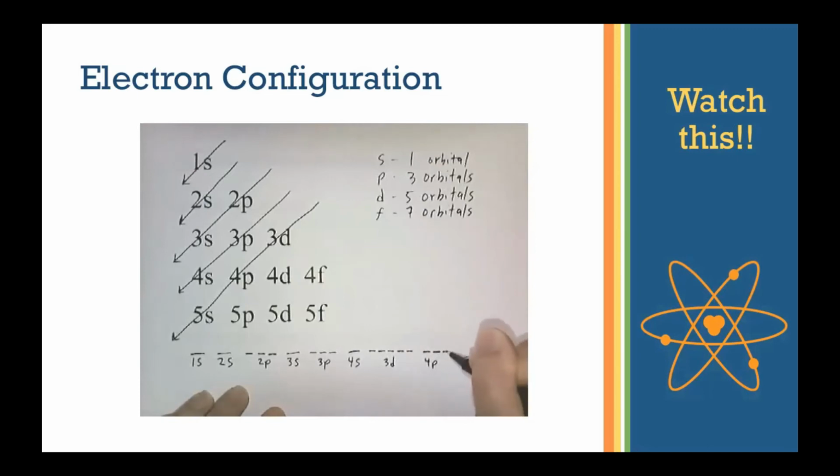And 5s, s has 1. That's it. So this little diagram is what we're going to use to figure out where to put the electrons.